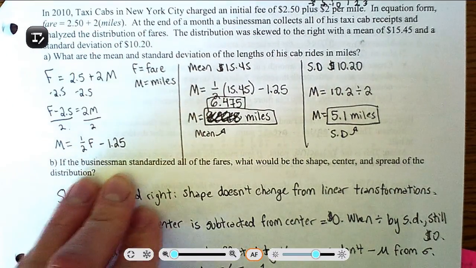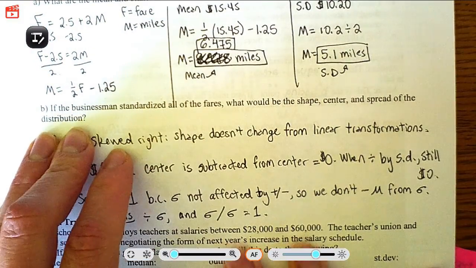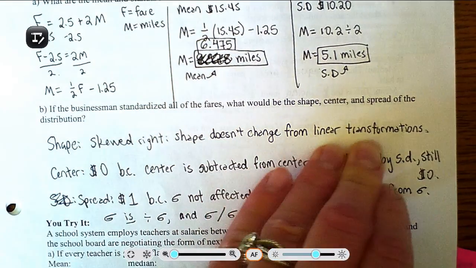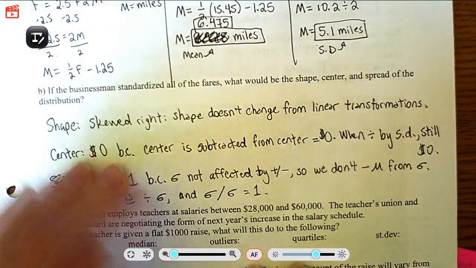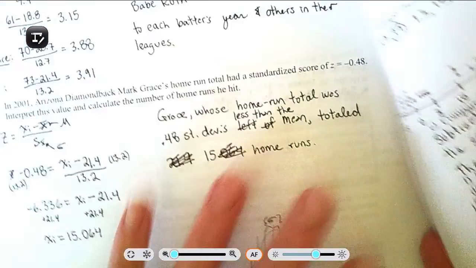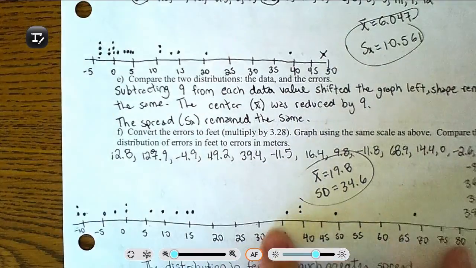If the businessman standardized all the fares, what would be the shape, center, and spread of this distribution? The shape is skewed right. Shape doesn't change from linear transformations. That's what we determined on all these other distributions, that the general shape is not changing from skewed to symmetric, or symmetric to bell-shaped.